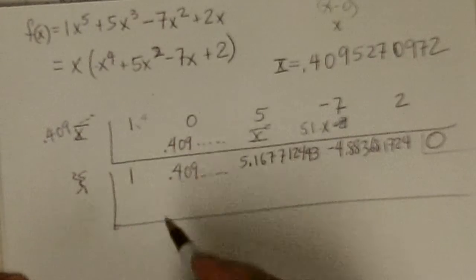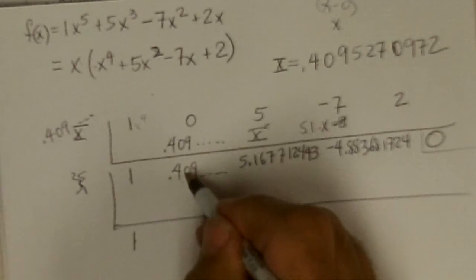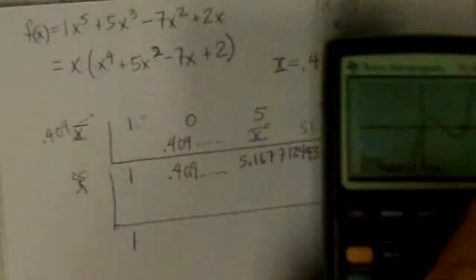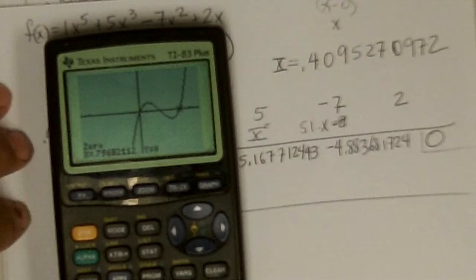So I'm going to go through and do synthetic division. I'm going to get 1 times that x and add it to the old x, which is going to be a pain now because I've lost the old x.